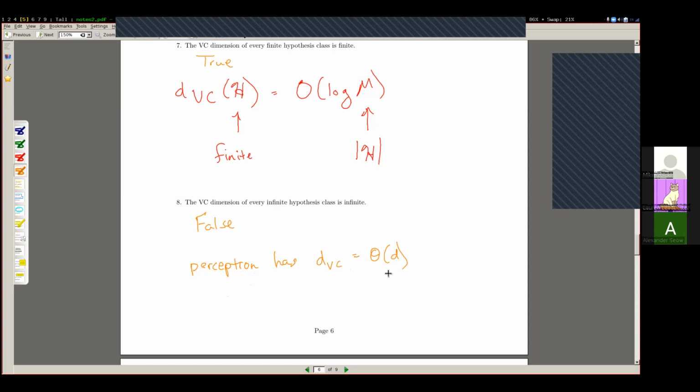When we were working only with matrices, we said that good things to consider for counterexamples are the simplest possible matrices, like the identity, the zero matrix, the one matrix. When you're thinking about hypothesis classes, good ones to consider are the perceptron, if you're thinking about infinite hypothesis classes, or if you're allowing finite hypothesis classes, then there's the list that I gave you maybe two notes packets ago, that had a list of finite hypothesis classes.